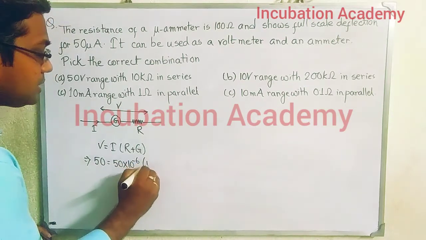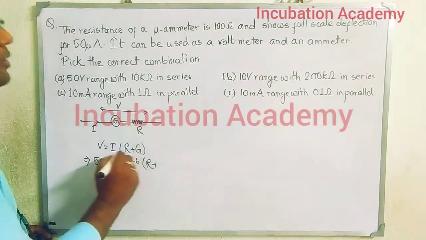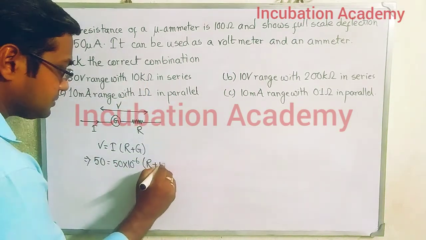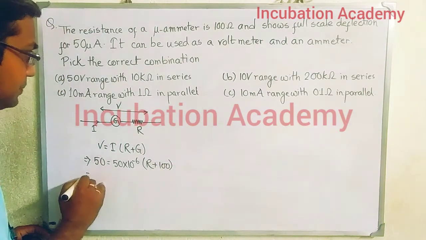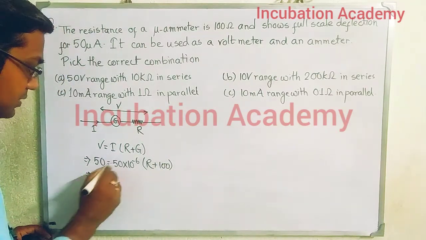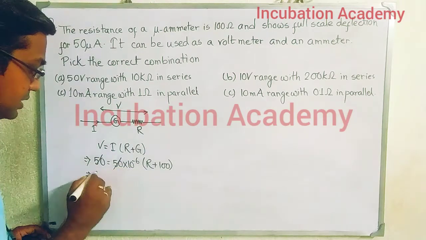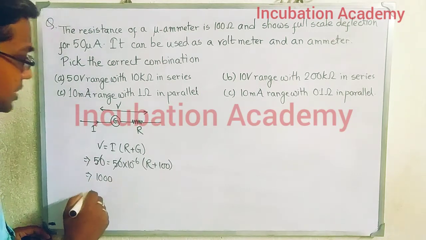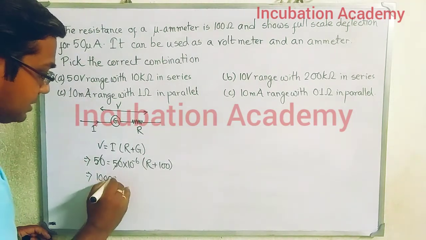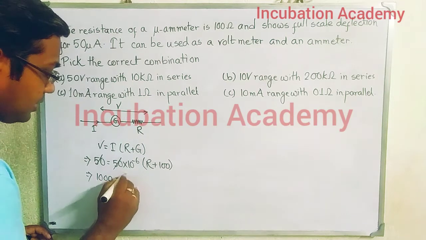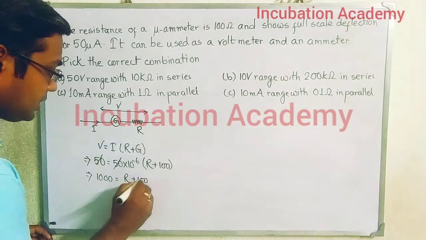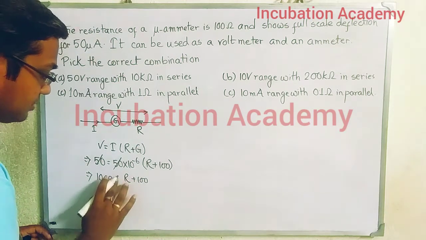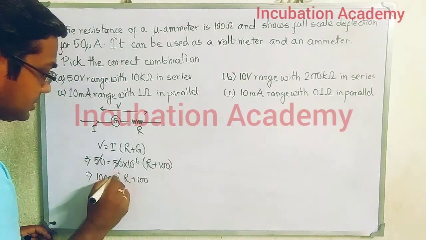What is the value of R? We have to determine R. The resistance of the galvanometer G is 100 ohm. So the 50 and 50 cancel out, and 10 to the power 6 comes here. So this is basically 1000 kilo ohm, so R plus 100 equals 1000 into 10 to the power 3.